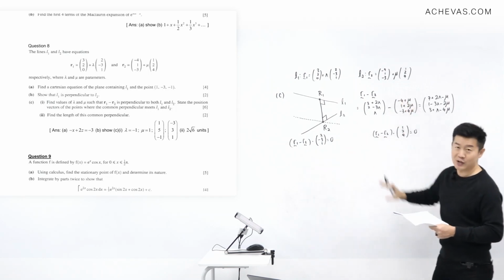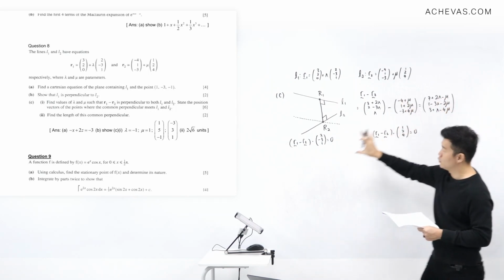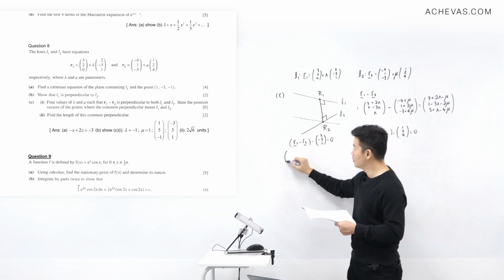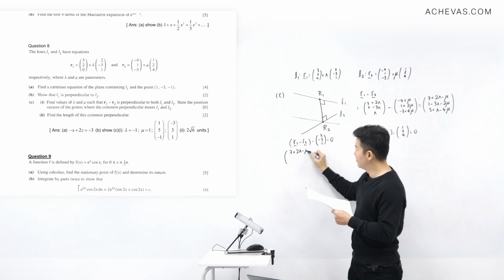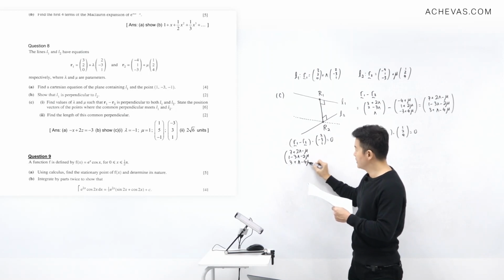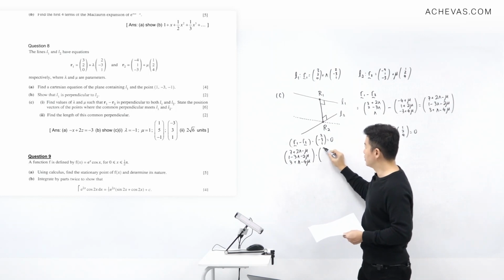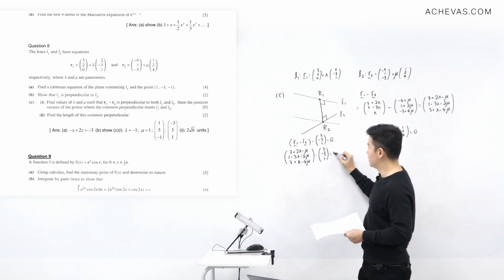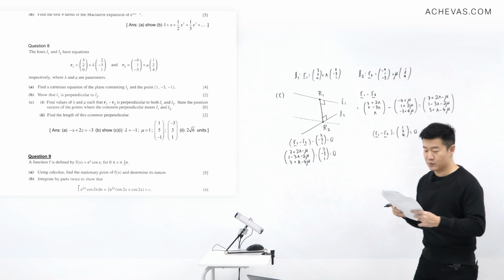Let's plug the values in. So R1 minus R2, let's plug it in. So we will have here (7 plus 2 lambda minus mu, 1 minus 3 lambda minus 2 mu, and 3 plus lambda minus 4 mu). So this dot (2, -3, 1) is equal to 0.